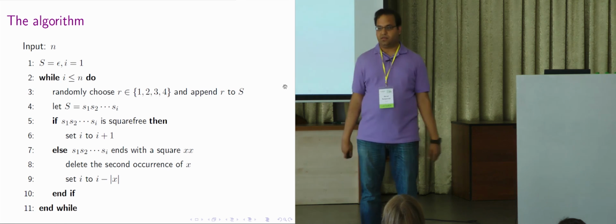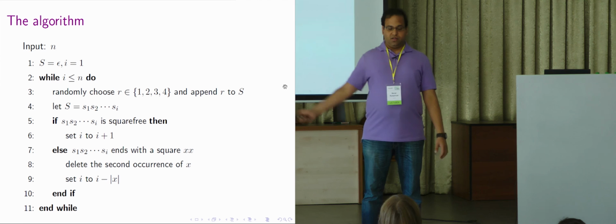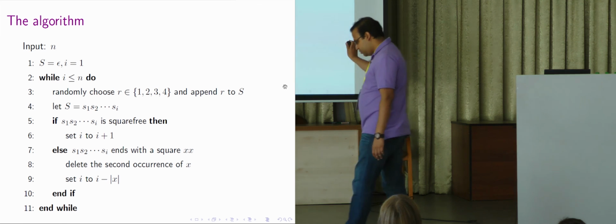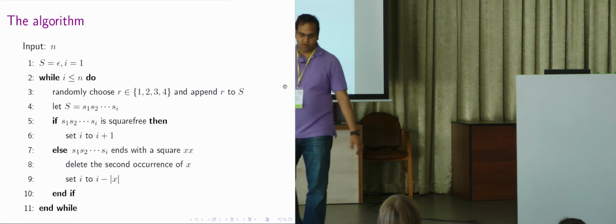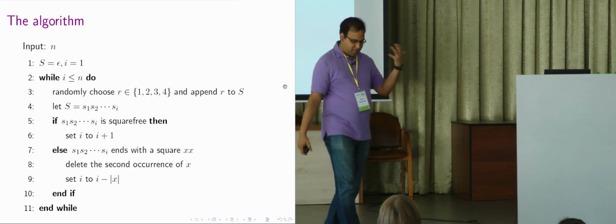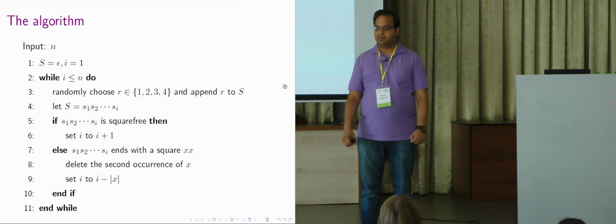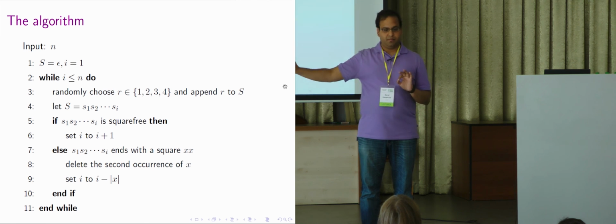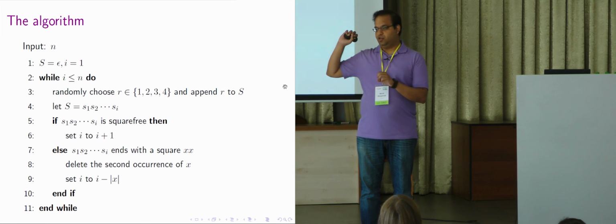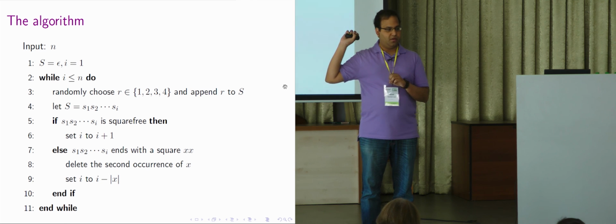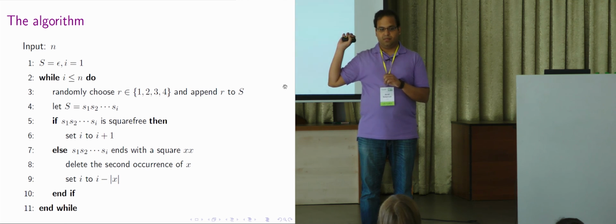So that's the obvious computer program that anybody would write if they were trying to find long square-free words. And the nice thing about this entropy compression method is that it basically says, do this kind of backtrack, but do it randomly. So when you extend, you choose at random what letter you're going to extend by. If it works, you continue to extend.